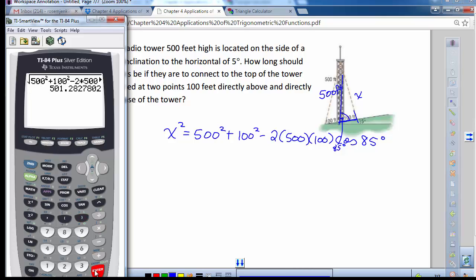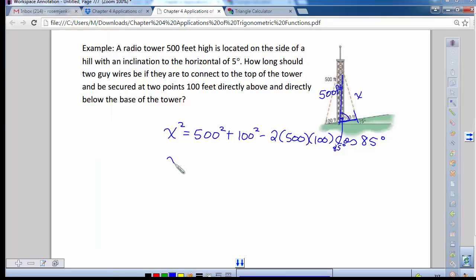And we get 501.28. I think our units are feet. Okay, x equals 501.28 feet.